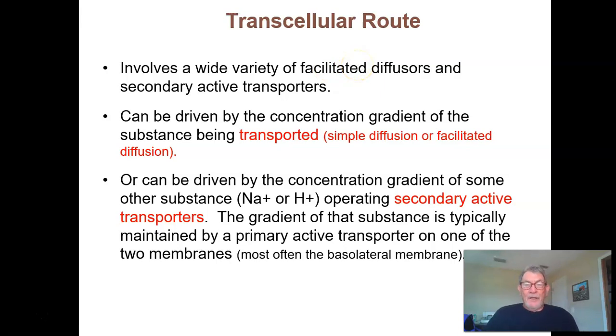You have simple diffusion, you have facilitated diffusion, primary and secondary active transporters using usually sodium to drive the secondary active transporter to get some other things across. Some hydrogen secondary transporters are found on the kidney tubules.